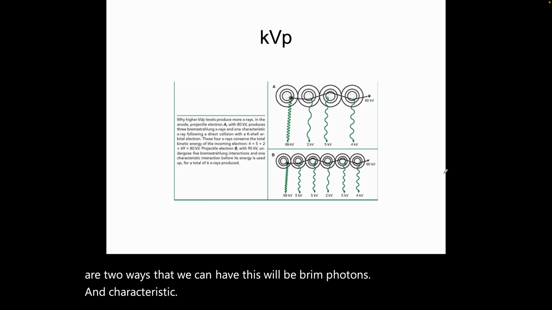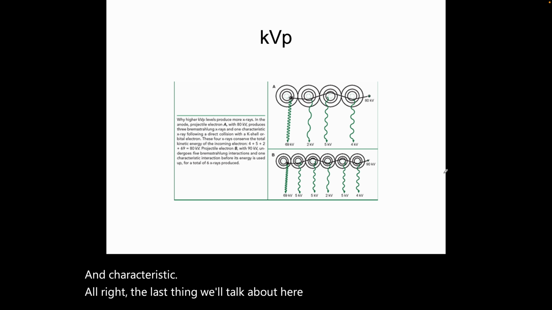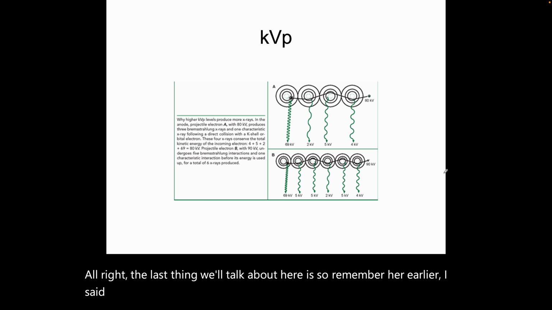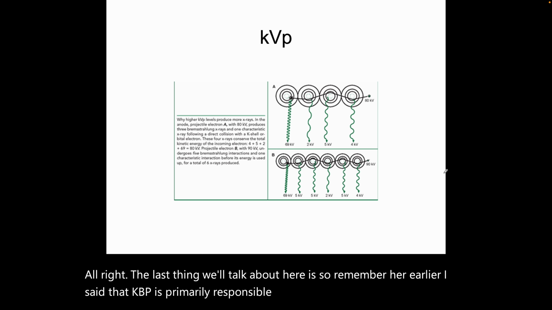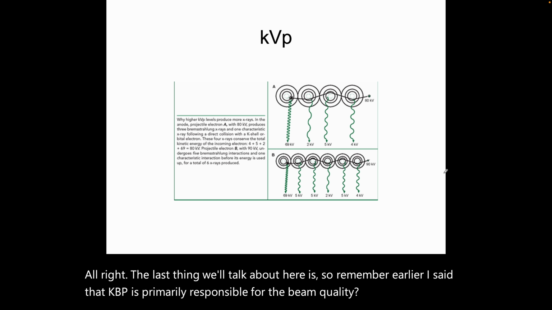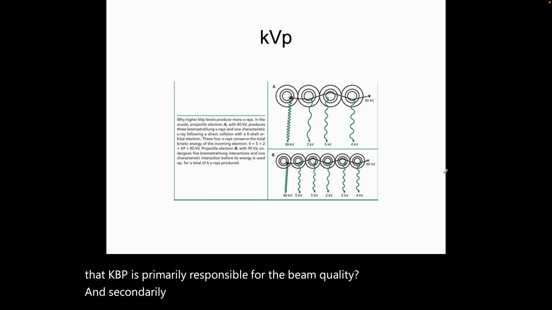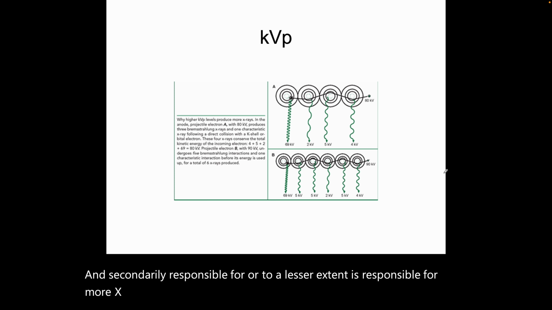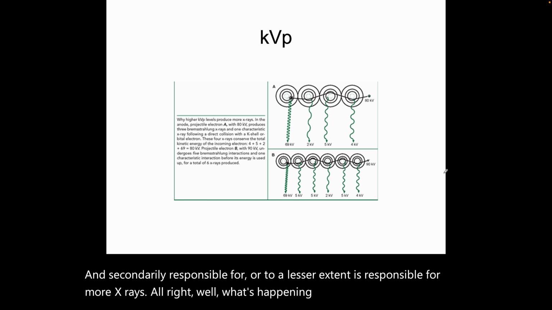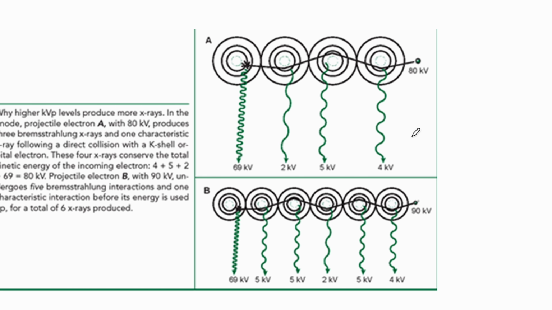All right, the last thing we'll talk about here is, remember earlier I said that kVp is primarily responsible for the beam quality and, to a lesser extent, responsible for more X-rays. Well, what's happening? Look at this here. You can see this electron from the cathode is passing through the target material.